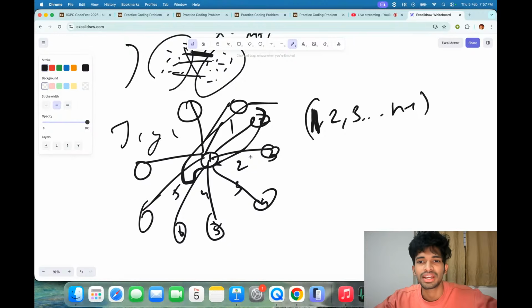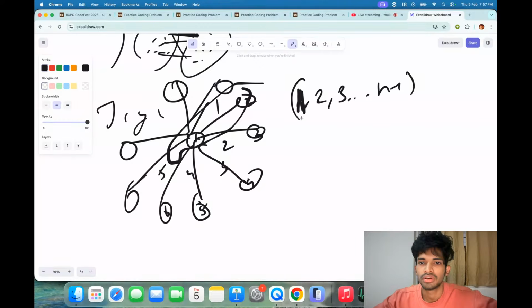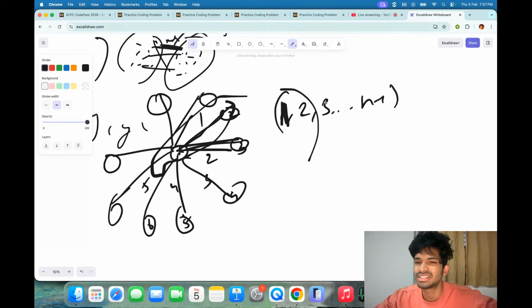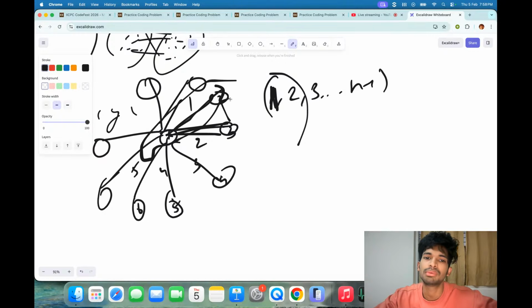Then 2 also will be a cut. 1 and 2 must be taken always, because if you keep the edge on one side and all the other things on the other side, 2 will be the min cut. So 2 must be taken, but 3 can be skipped. You can skip 3 by placing it like here, and then 1 will be taken, 2 will be taken, 3 can be skipped.